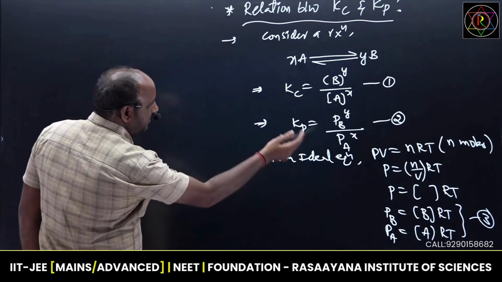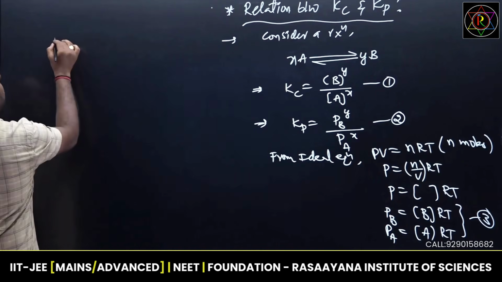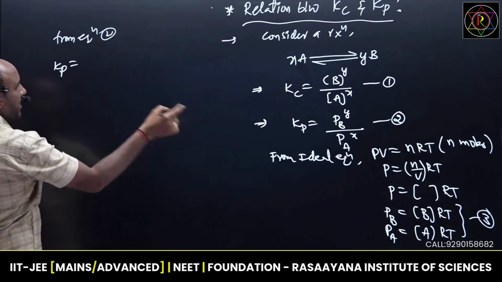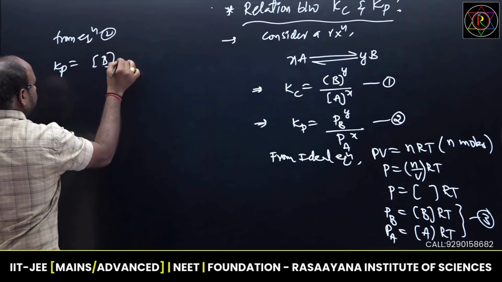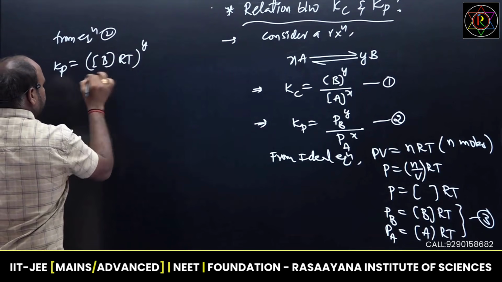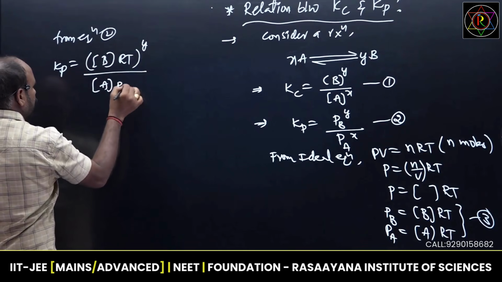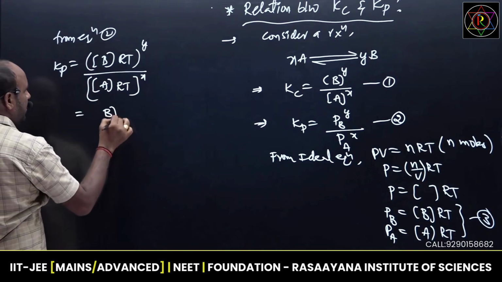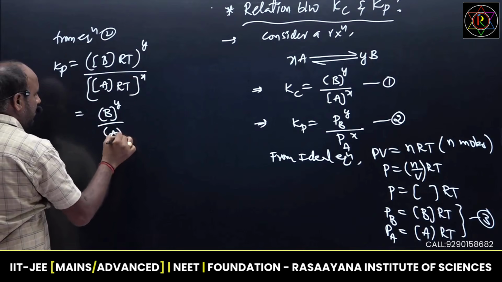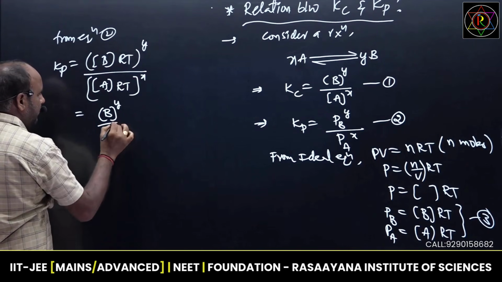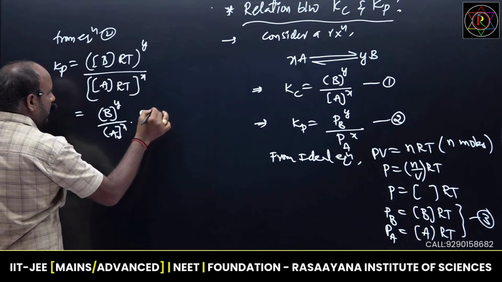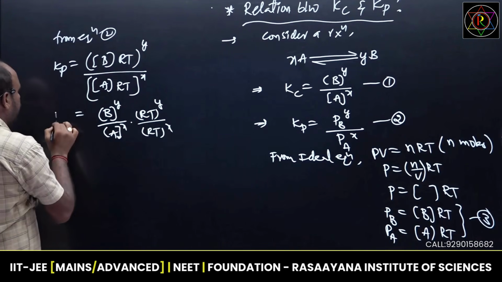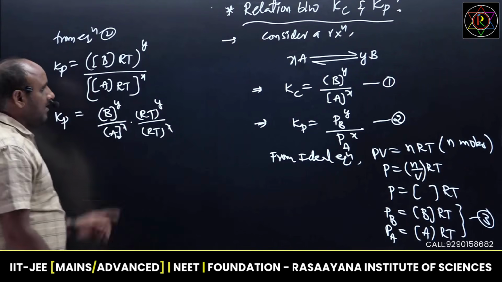So the PB value and PA value we substitute in equation 2. From equation 2, Kp is equal to the concentration of B into RT power Y divided by the concentration of A into RT power X. Therefore we can separate this as concentration of B power Y by concentration of A power X, into RT power Y by RT power X. So Kp is equal to B power Y by A power X, times that.